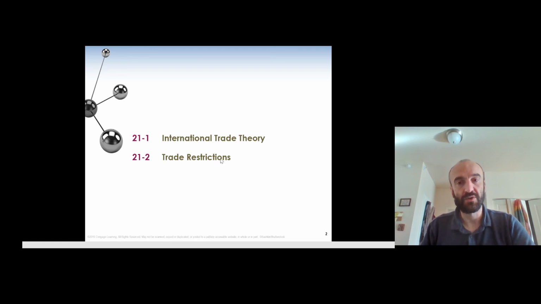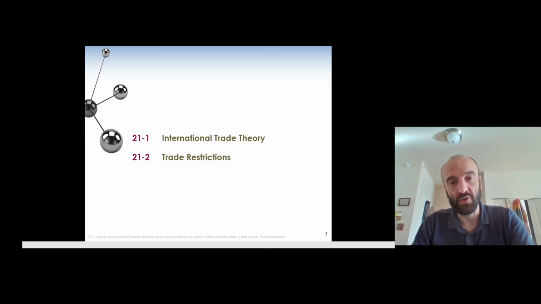In addition, we are gonna discuss trade protectionism or restrictionism. What are the arguments for and against restrictions of international trade? And finally, how all of this fits into the wider macroeconomic discussions that we had thus far.